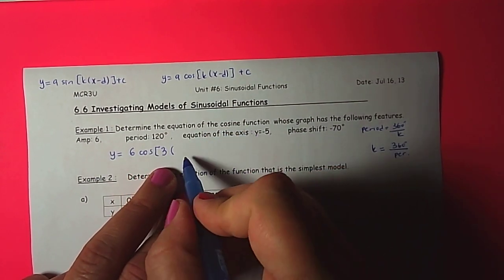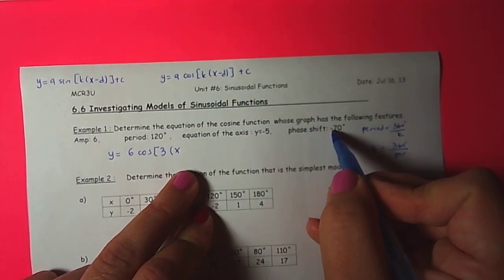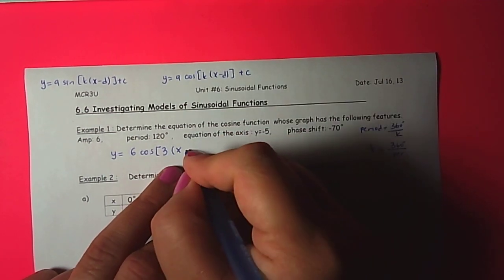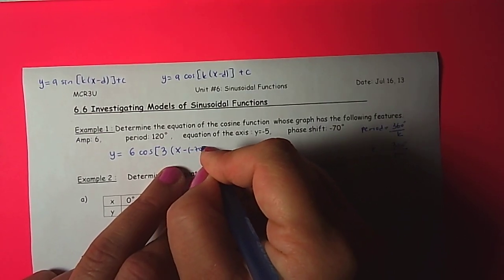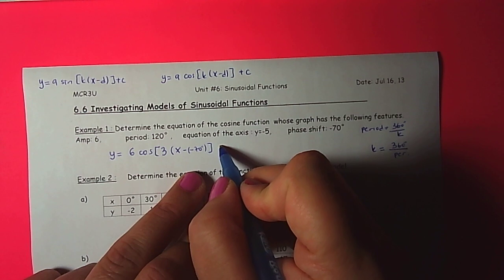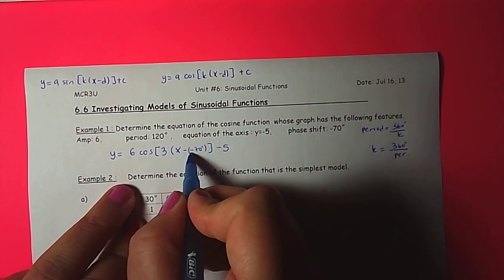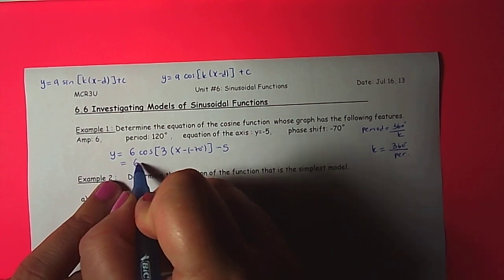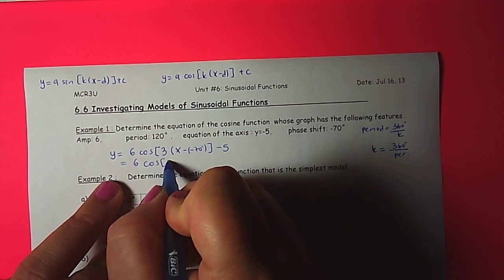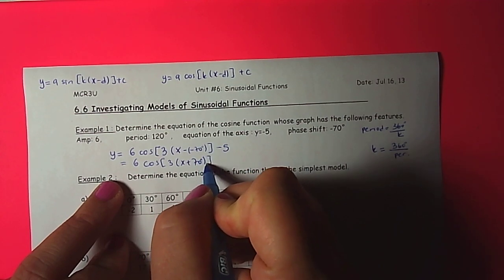Open a bracket. Now x: phase shift is -70, so x minus -70, and the equation of the axis is -5.